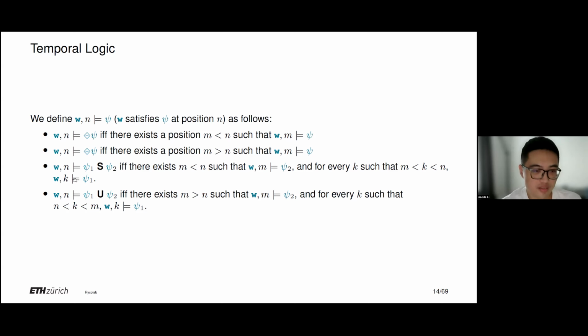And w, n satisfies psi1 since psi2 if and only if there exists a position m before n where psi2 is satisfied and everything between m and n satisfies psi1. Symmetrically, psi1 until psi2 requires this position m to be after n, and everything in between satisfies psi1 as well.